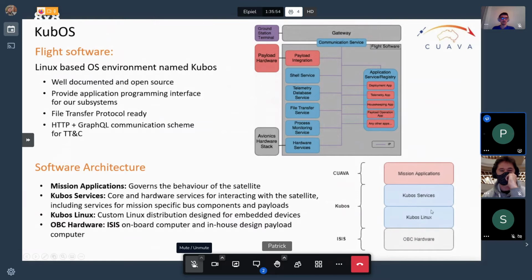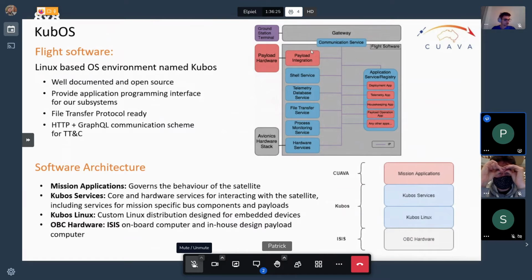And we build our own APIs and services for all the commercial off-the-shelf bus products that we used. The OBC that we used was the ISIS OBC, the iOBC, a very old ARM chip from about 10 years ago with a lot of flight heritage.